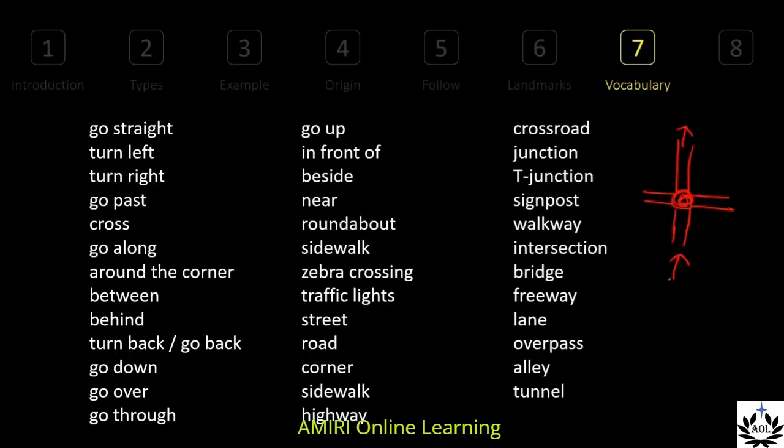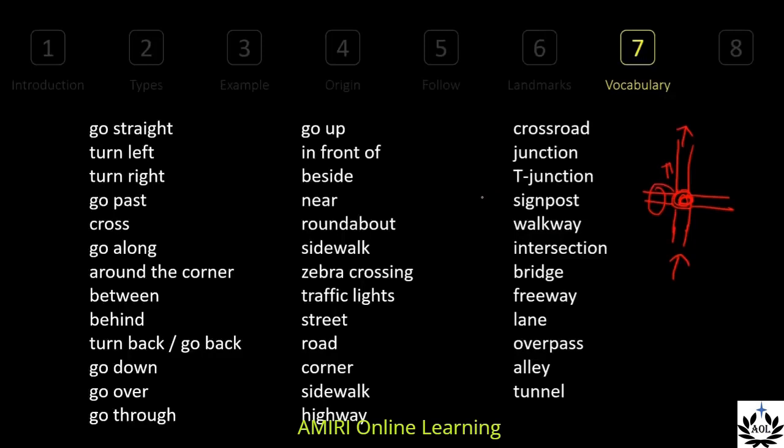They'll say, go straight on the roundabout, or at the roundabout, take the second exit. So this is the first exit, this is the second exit. And this is how Google Maps gives instructions. But because we never use these instructions in everyday life, what happens? We don't understand them in the audio as well, and we get stuck. It's important to understand these kinds of words while we are going through this kind of question.